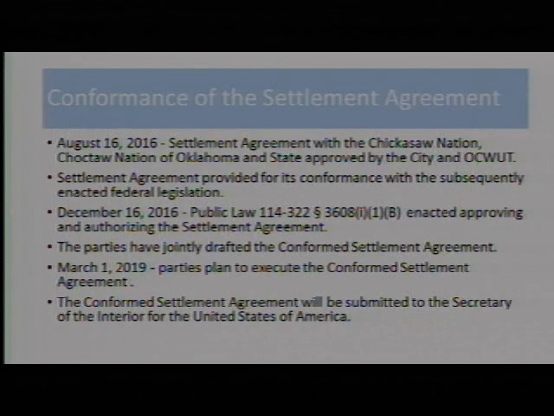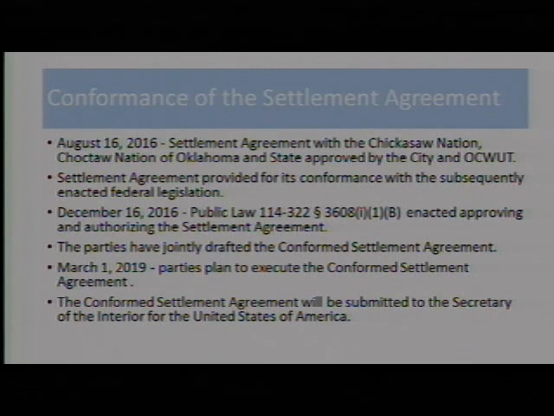Lake Sardis being a new, beautiful lake down in southeast Oklahoma, to which the Water Trust has purchased storage rights. On August 16th, 2016, the Water Trust and the city approved a settlement agreement to settle the outstanding water rights lawsuits with the Chickasaw Nation, the Choctaw Nation of Oklahoma, and the state.